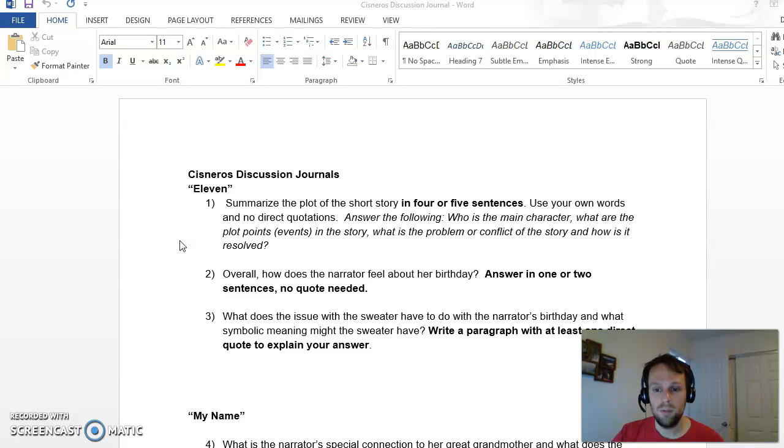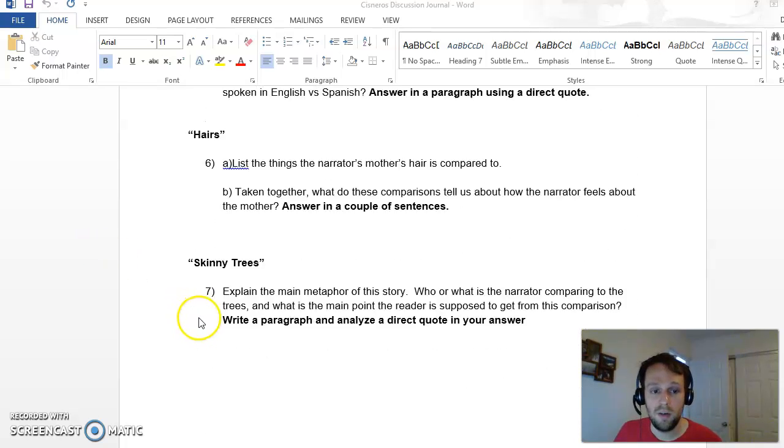The reason I say to read it a couple times is because you might feel tempted to answer this right after reading the first page, because on the first page you're in the narrator's head, and the narrator is discussing exactly this, how she feels about her birthday. But the events of the story obviously contribute to that answer too. So that's why I would say hold off until the end.